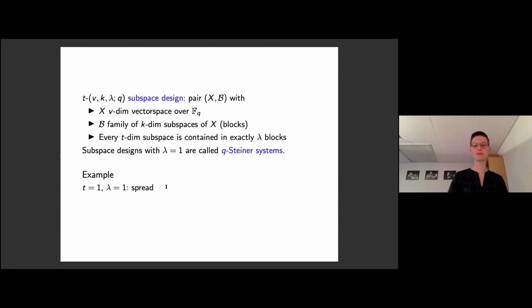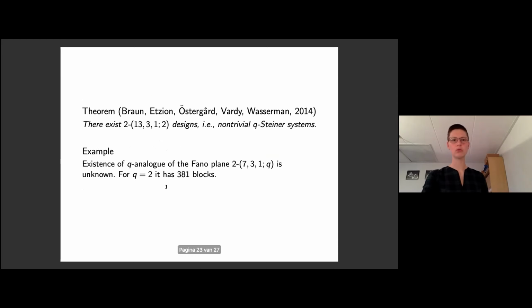But then, subspace designs were invented in the 80s, but they became fashionable also because of rank metric coding over the last decade. And people started looking for more subspace designs. And actually in 2014, there was a non-trivial q-Steiner system found, and it has parameters 13, 3, 1, 2.